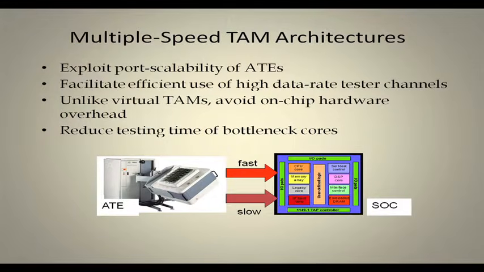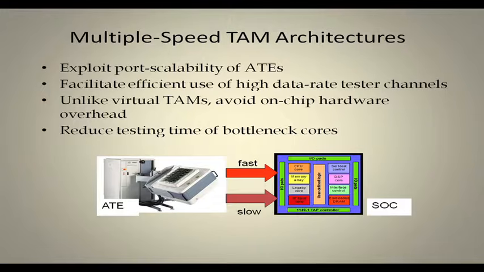Like in the case of virtual TAM, there was a requirement to have that bandwidth matching hardware, which will be doing this shifting and all that. The serial to parallel converters were necessary on the chip, so that we can do the speed matching between the ATE and this SOC, using this virtual TAM environment.